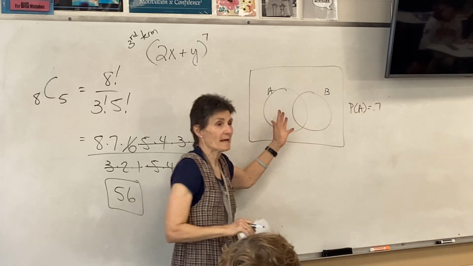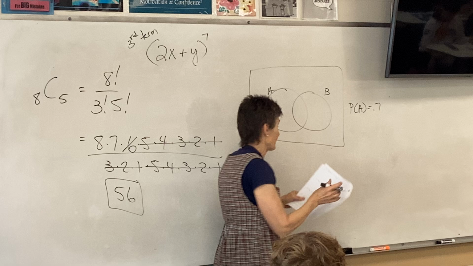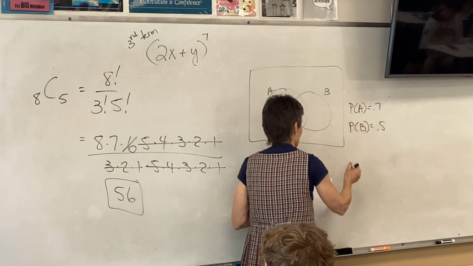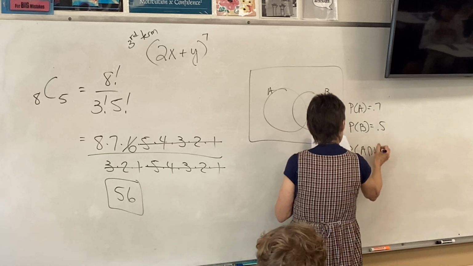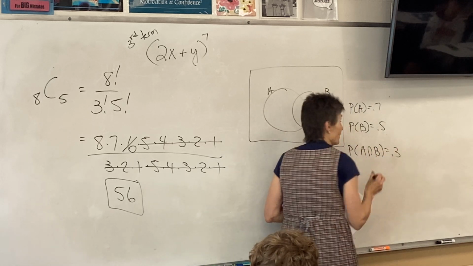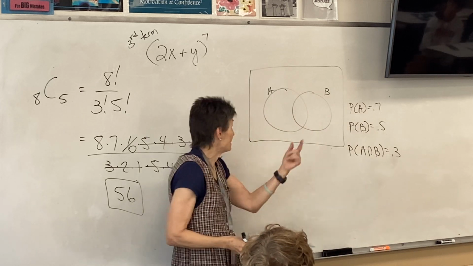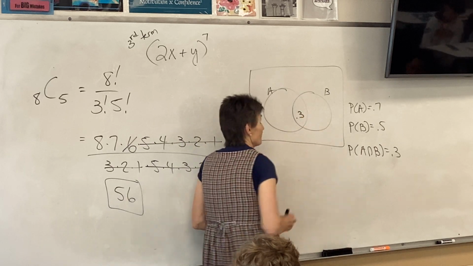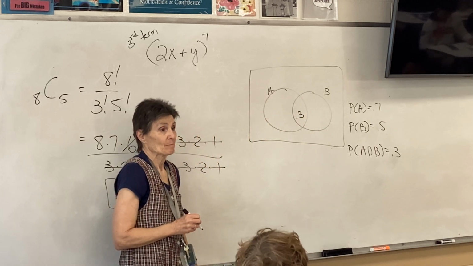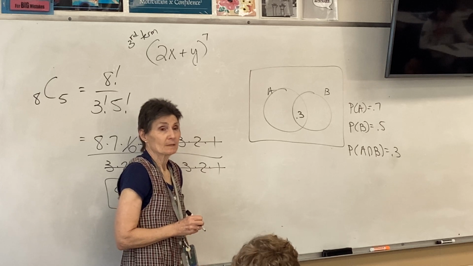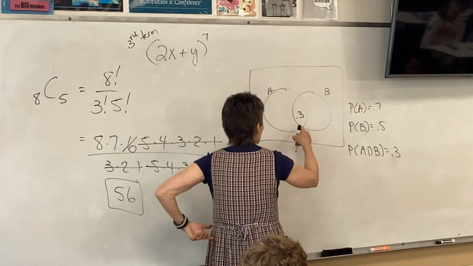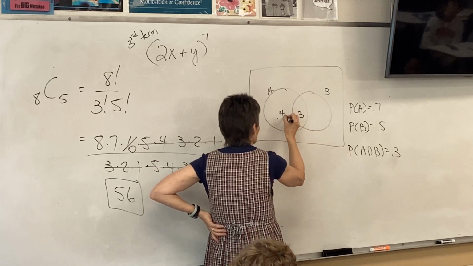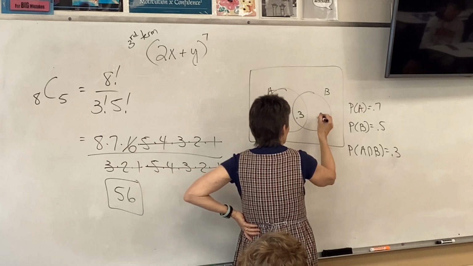So the whole A ball is 0.7. The whole banana ball is 0.5. And who remembers what this means? That is A and B, so that is the part in the middle. So 0.3. Right? Now, the minute you put that 0.3 in there, then what do you know about this? 0.4. 0.4. And this is 0.2.